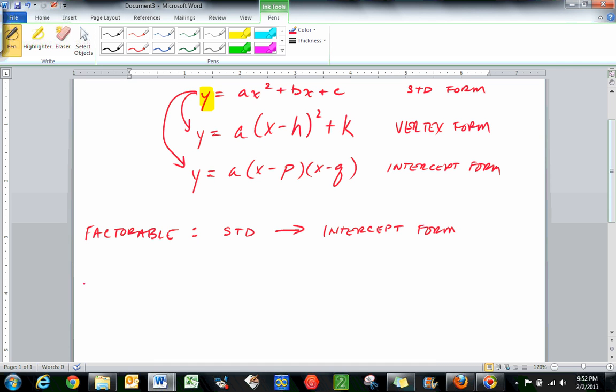Now, what happens if it's not factorable? Well, in this case, what we can do is take the standard form, and using the completing the square process, change it to a vertex form, which would make it much easier to graph.